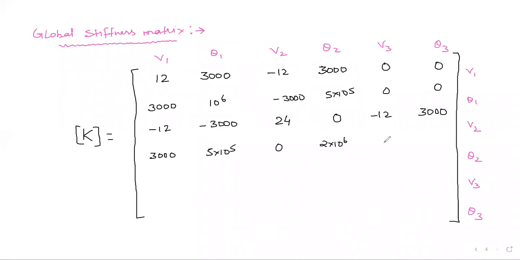Next, V3 theta 2. I am going to write it directly now. You just have to repeat the same steps and find the global stiffness matrix, right?